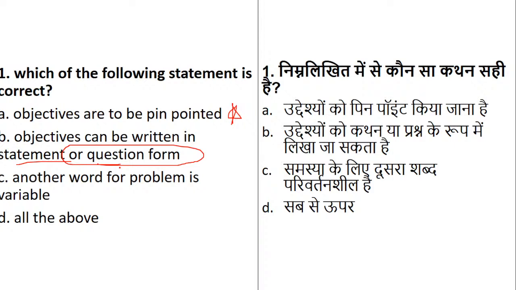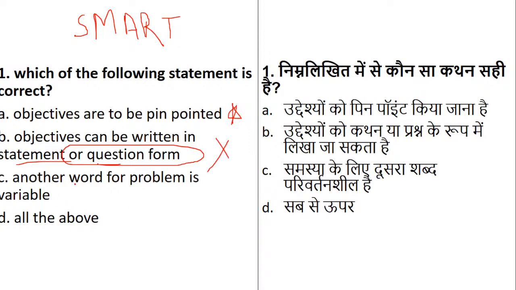It means that the objectives of the research should be in the SMART form. What is the meaning of SMART? It has to be specific, measurable, achievable, realistic and time bound. This is the rule applicable to research objectives, which states that an objective has to be in statement form and not in question form. So this option gets wrong.